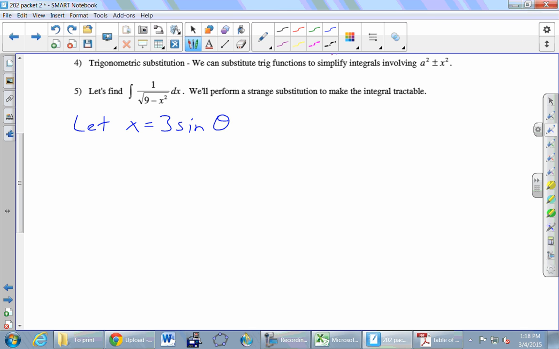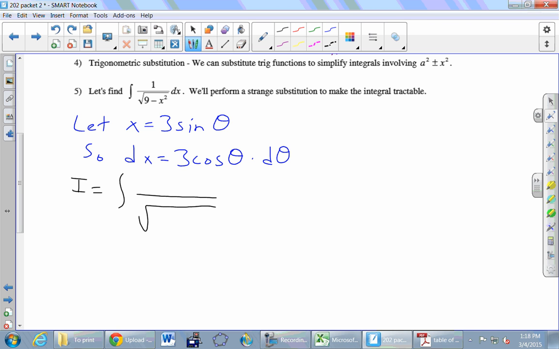So once we have our substitution, we take a derivative. So the derivative is 3 cosine theta d theta, right? That's our derivative. Okay. So going back to the original integral, let's just start substituting parts.